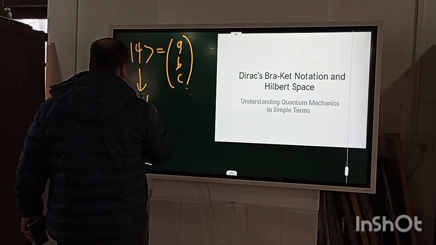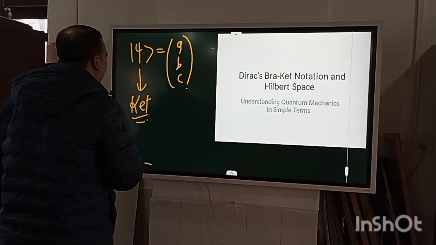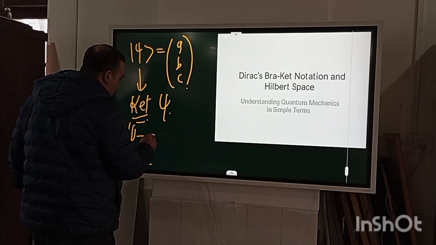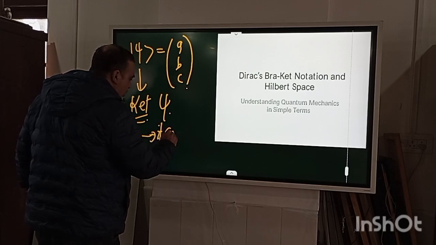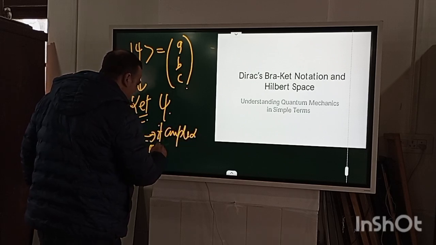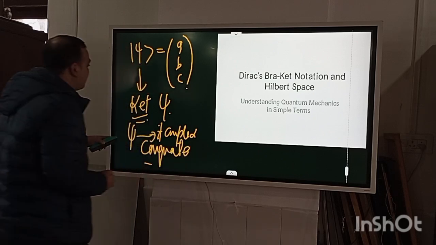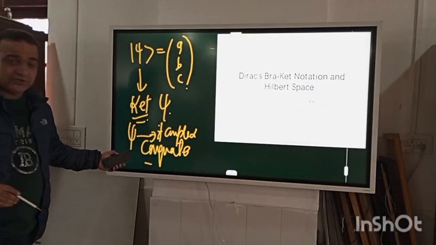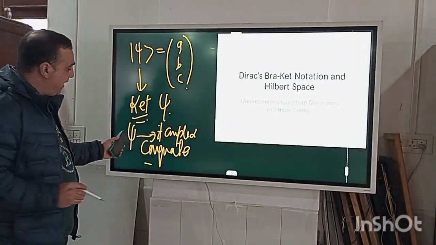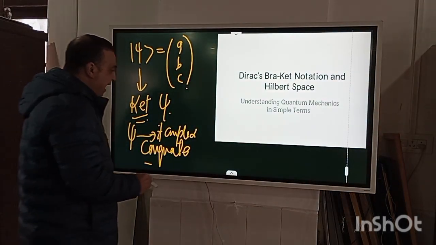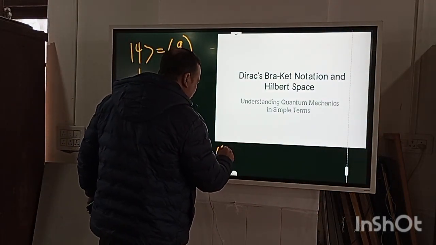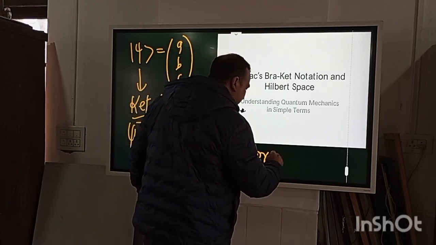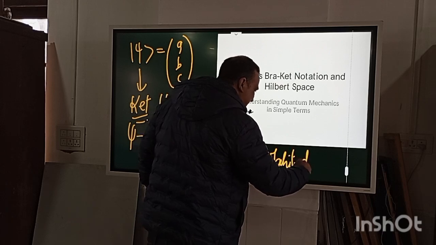Now, if we talk about things analogous to this ket in Schrodinger's picture, we have a wave function psi, and for psi we have its complex conjugate. When we take its complex conjugate and make the product of the two functions, the product leads us to what is called the probability density.